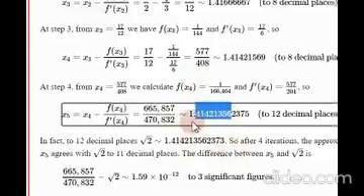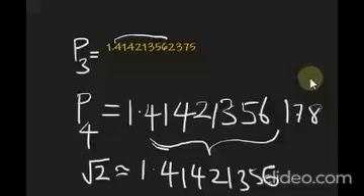Suppose we get this number for the third iterative and this number for the fourth iterative. These two are the same to 8 decimal places.